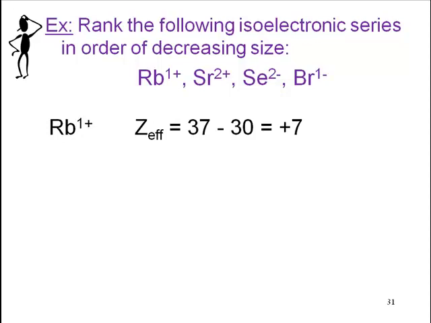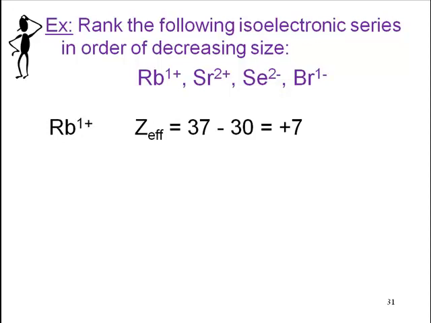These 6 electrons here in the P shell are the outermost electrons. These 30 other ones are the innermost ones. The 37 comes from the protons, not the electrons. This number here, 30, is the number of shielded electrons, not the number of electrons.